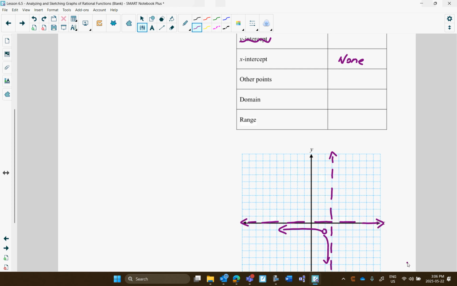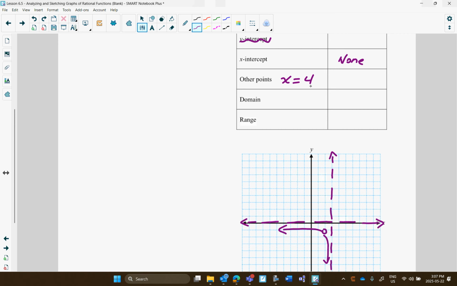But I need another point. Where's the rest of the graph? What section would it be in? Upper left, lower right, upper right? Where would it be? Upper right, because they're opposite corners to each other, right? So I need to pick a point over here. What do you want to pick for x? Sure, we do 4. That works perfectly.